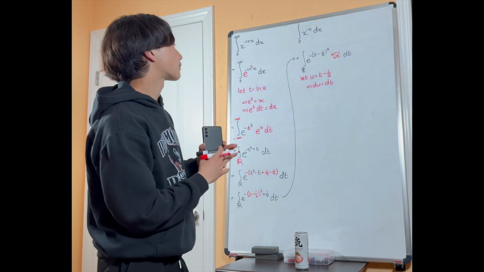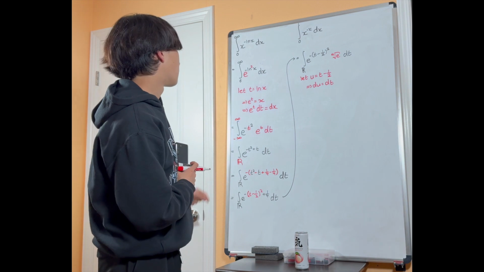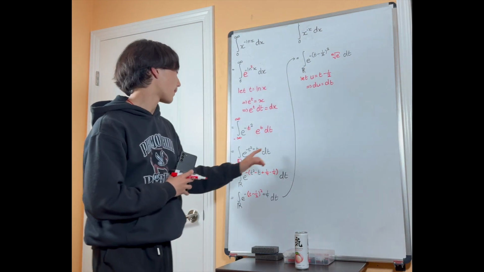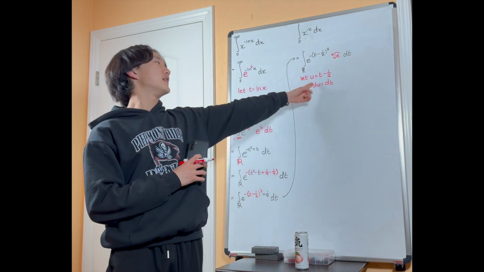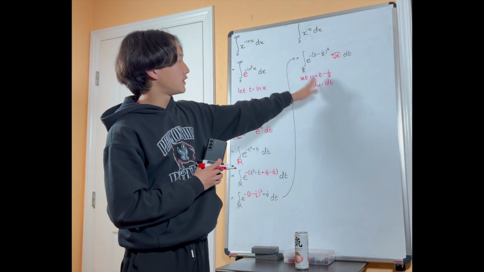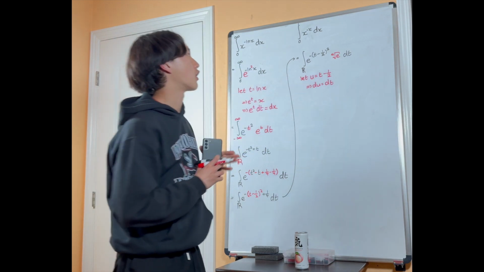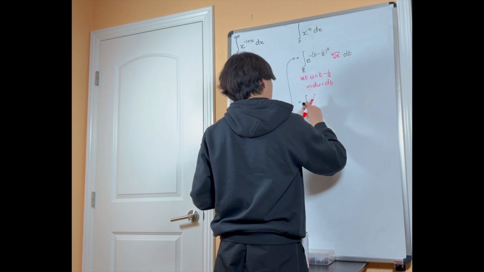Okay, so yeah. One thing to notice, however, we have bounds, and this really means from negative infinity to positive infinity, but plug in negative infinity into t, you still get negative infinity for u. Positive infinity, same deal. So you're still going over r. So we're integrating over r still.